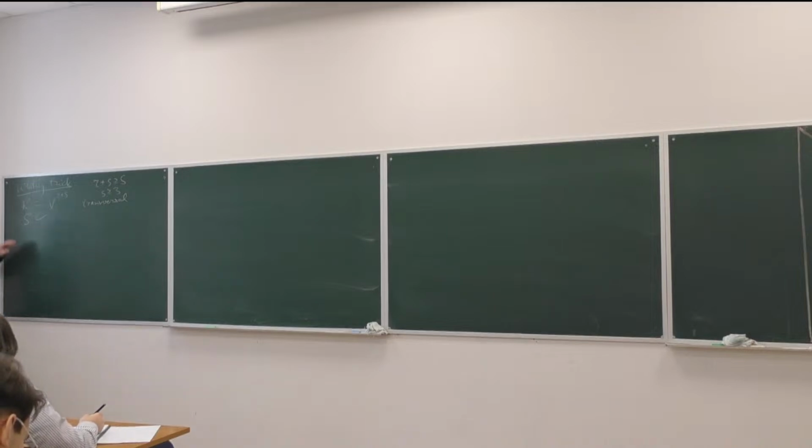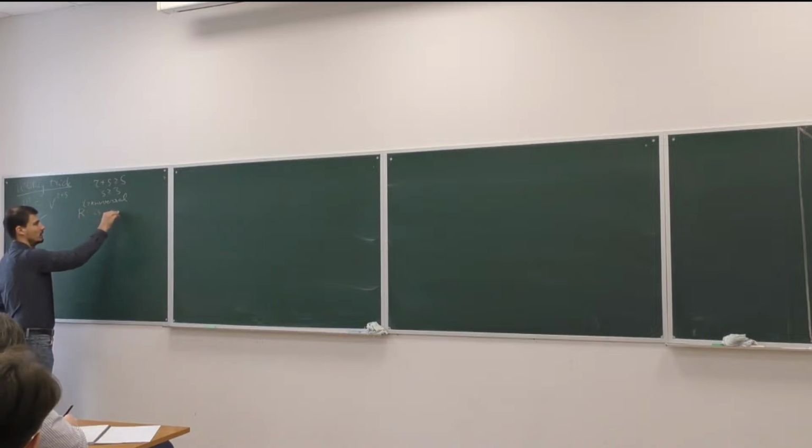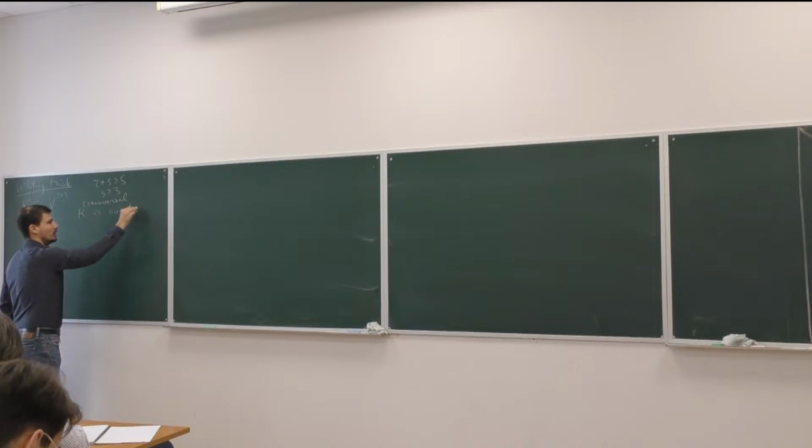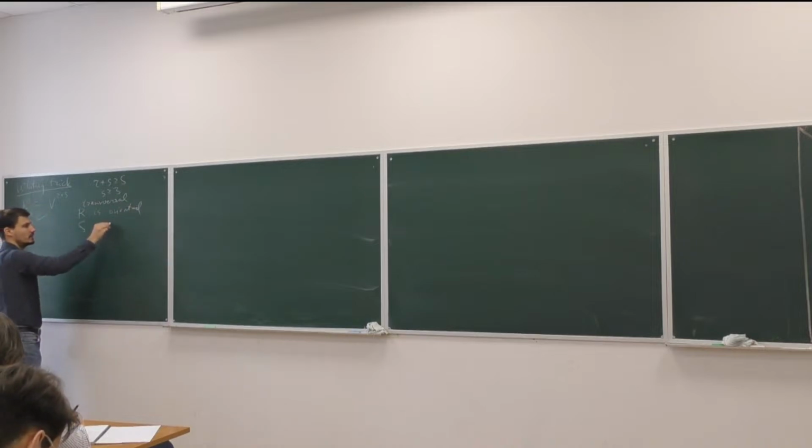But I would like that one of those manifolds, R, is oriented and the other is co-oriented, which means that its normal bundle is oriented. So R is oriented, S is co-oriented.